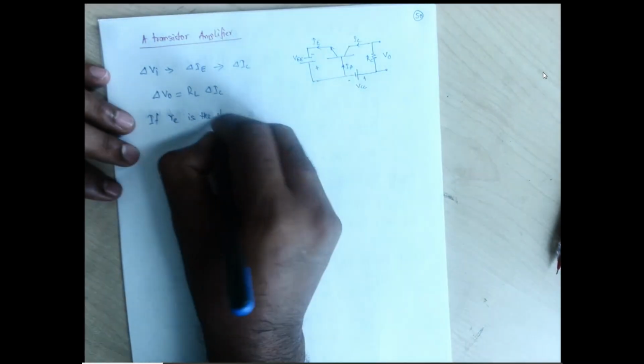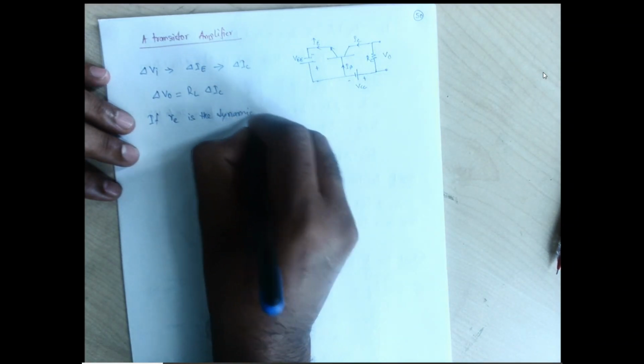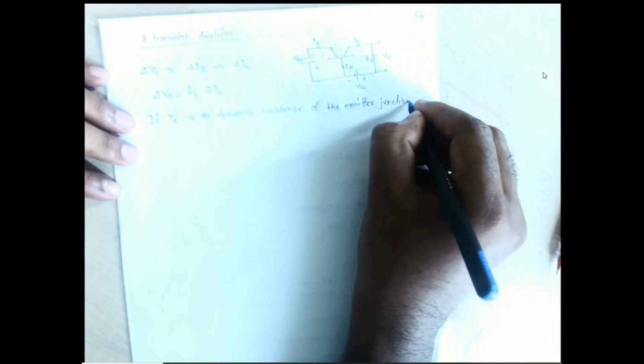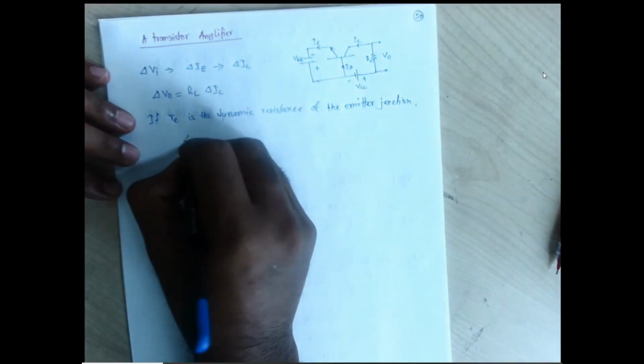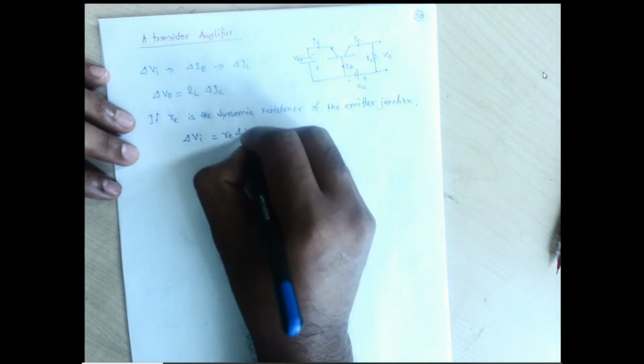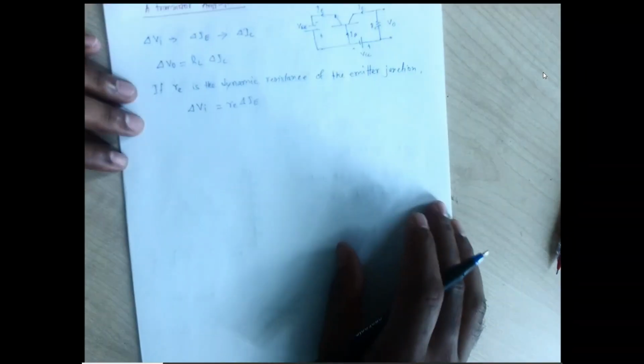So if Re is the dynamic resistance of the emitter junction, we can say del Vi will be Re into del IE.